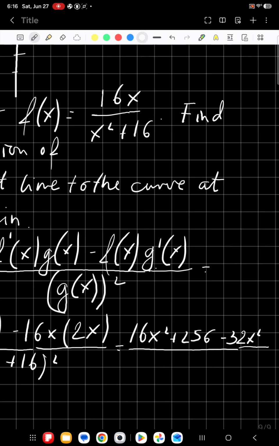So obviously we can combine these. The bottom is x squared plus 16 squared.